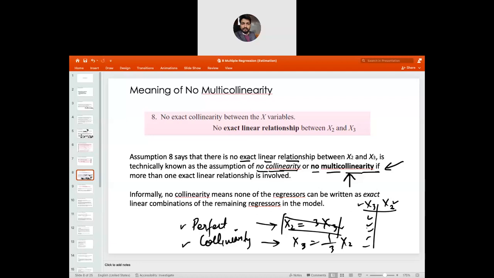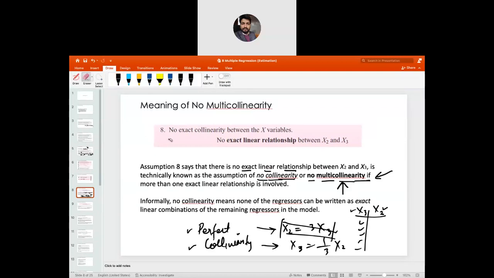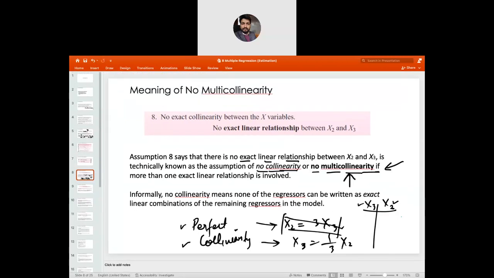Perfect in the sense that if x3 is 2, 4, 1, then you can write 6, 12, 3 for x2 given this relationship, right?